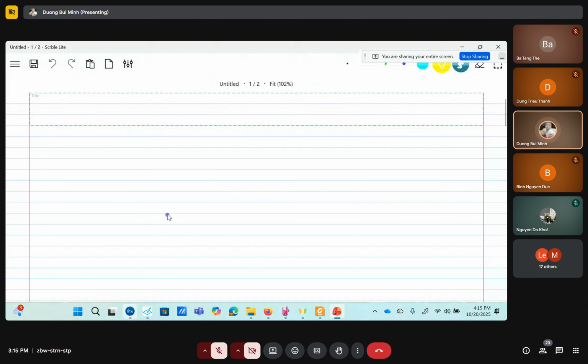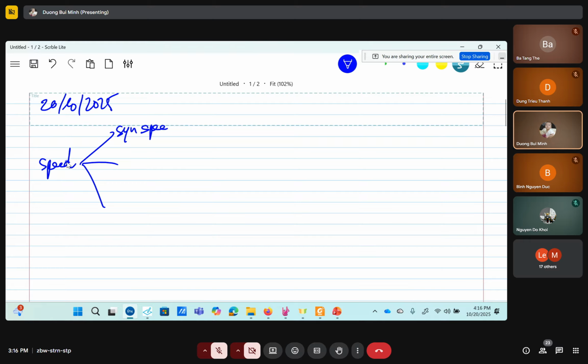Now we'll make a summary. When we talk about speed, how many kinds of speed do we have? Three. We have synchronous speed, which is n_sync.